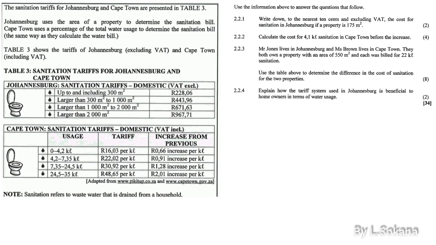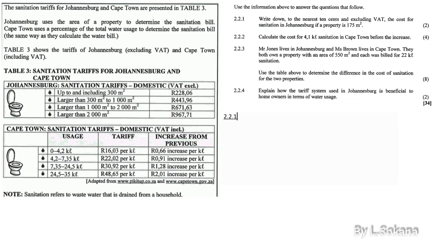So we'll check in which bracket 175 meter to the power 2 falls under. From the first bracket, they say up to and including 300 meters to the power 2. So we have 175 meters to the power 2, meaning it falls under the first bracket, which has 228 rand 6 cents.